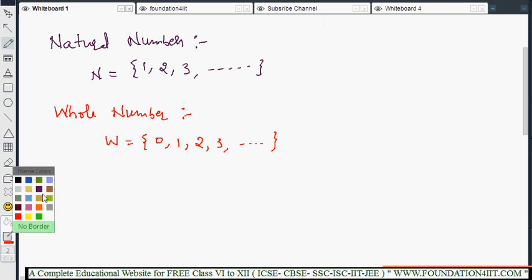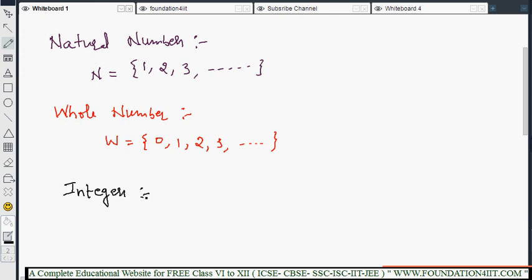Next, in this both we have positive numbers. Integers. In integers, every whole number and the negative of every natural number is an integer. So every whole number and negative of natural number.